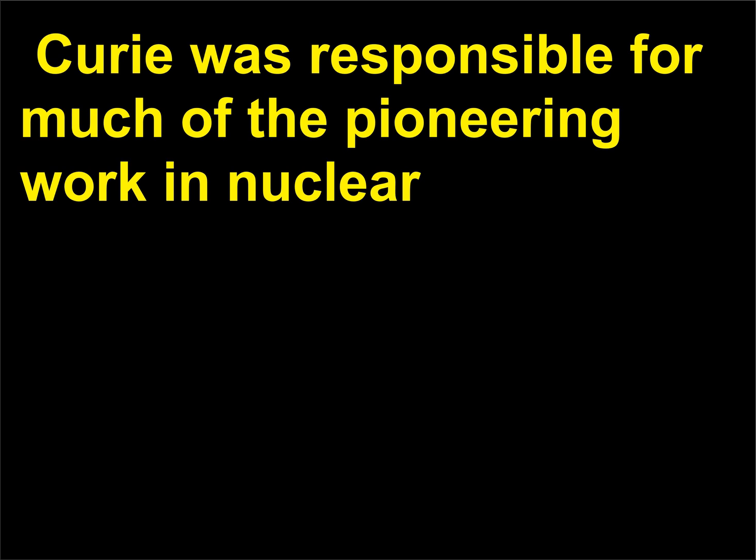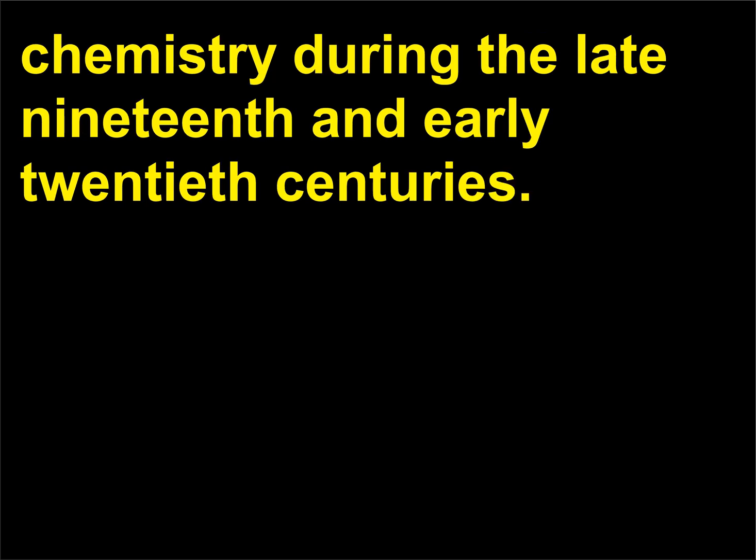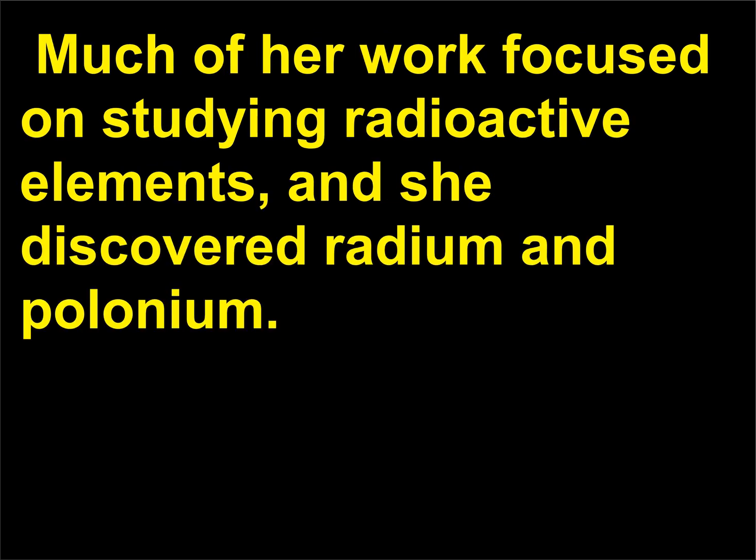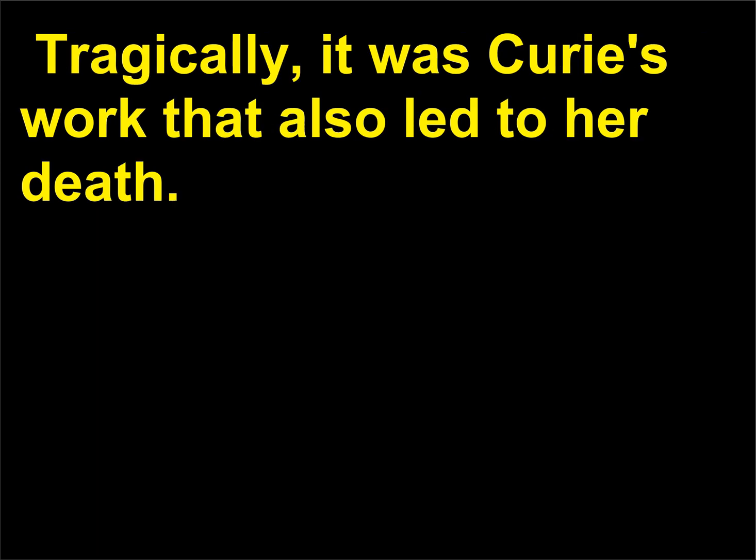Curie was responsible for much of the pioneering work in nuclear chemistry during the late 19th and early 20th centuries. Much of her work focused on studying radioactive elements, and she discovered radium and polonium. Tragically, it was Curie's work that also led to her death.